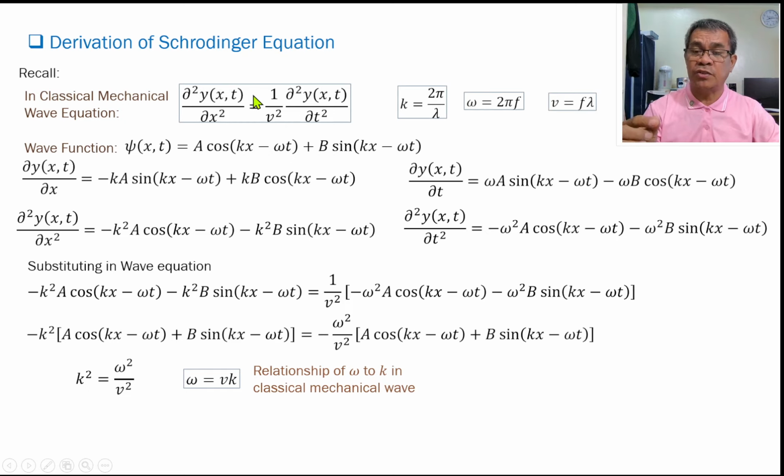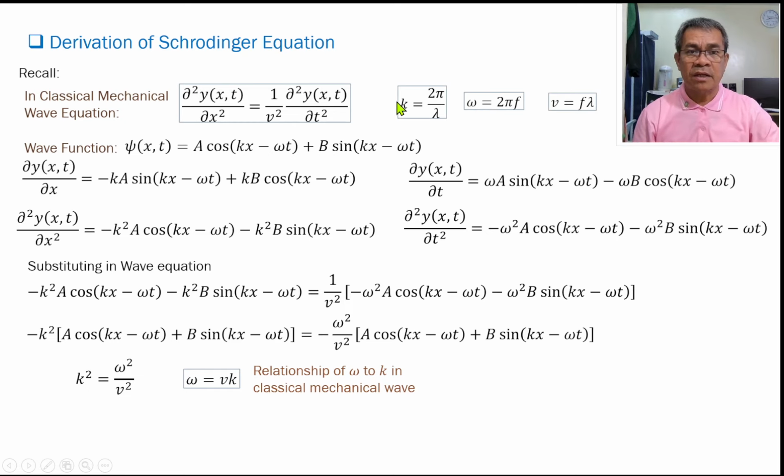So any function that has this relationship is called a wave function, because it satisfies the mechanical wave equation. Take note, in classical mechanics, the angular frequency is directly proportional to that. Which means that if you know that it is a wave function, then we can pick up these parameters and describe the wave.